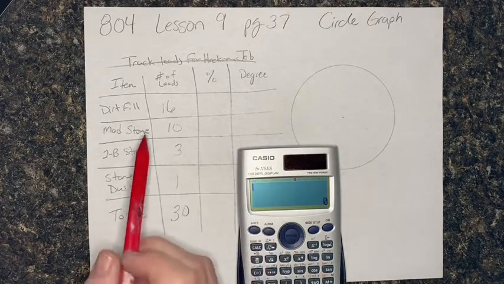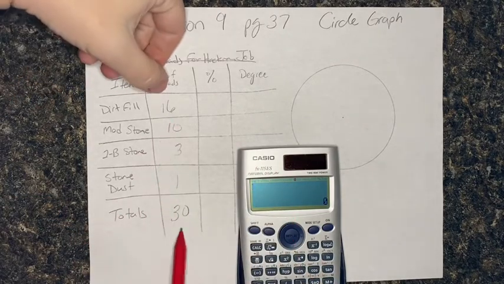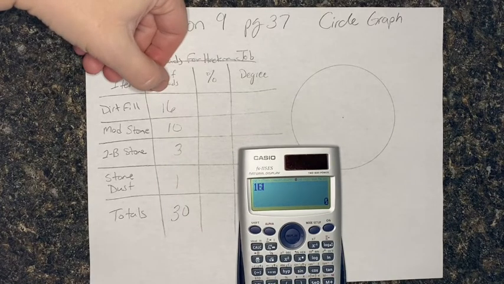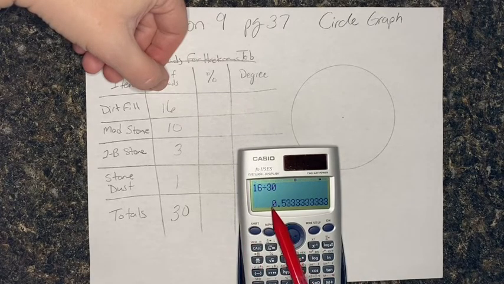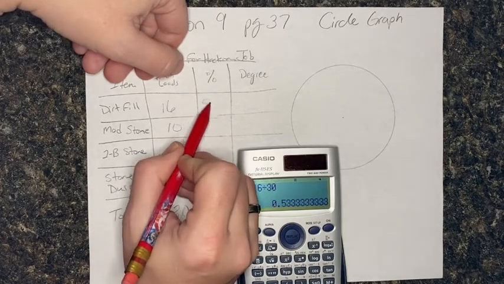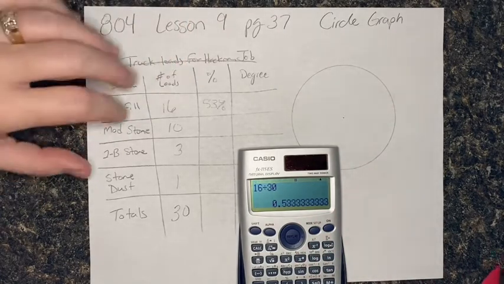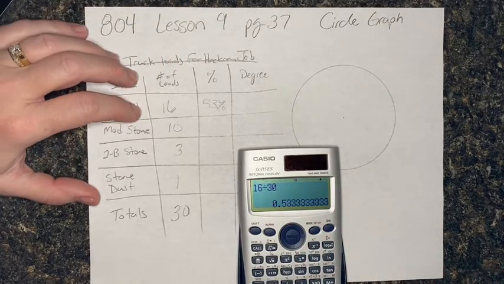All right, so we need to find our percentage. To do that, we take the number of loads divided by the total number. So 16 divided by 30 equals 0.5333333. So it's 53%. Okay, I moved my decimal 2 places. The 3 is inconsequential when rounding, so it does not count.